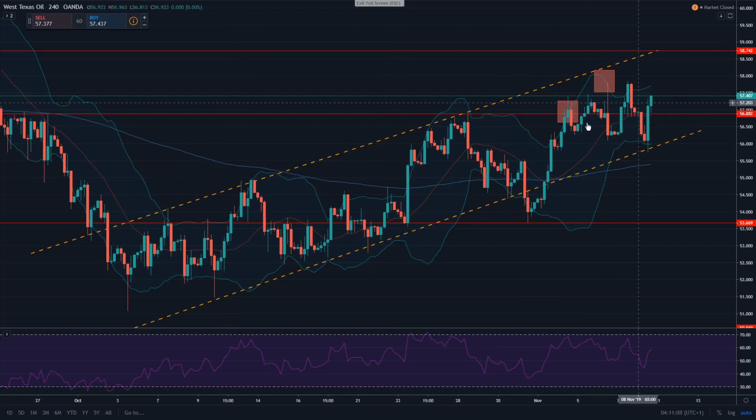I also have here the Bollinger Bands, and I also have the RSI, 14 periods, but that's all I use. What I recommend to trade oil is really simple, but it can give you good results if you really follow this method.